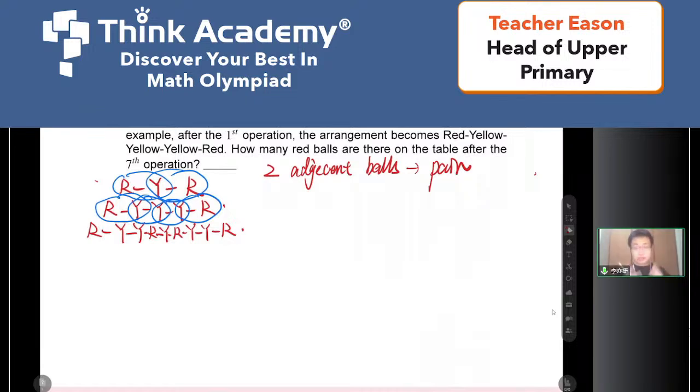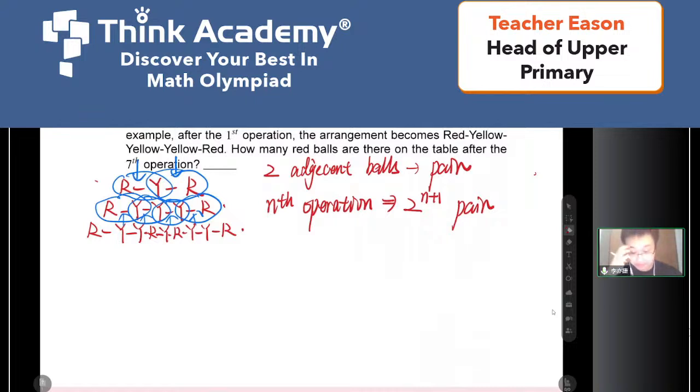Now in each operation, we insert a ball inside each pair, which means we make 1 pair into 2 pairs. Then after the nth operation, we would have in total 2 to the power of n plus 1 pairs of balls.